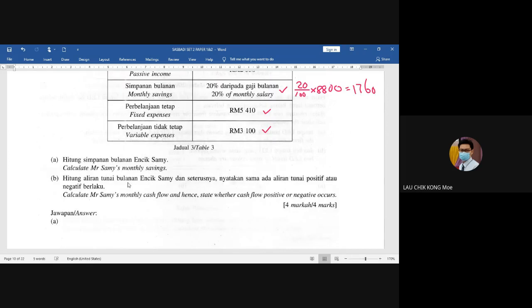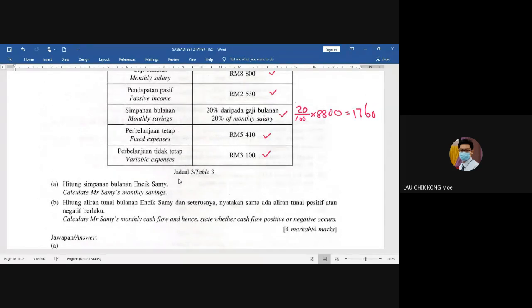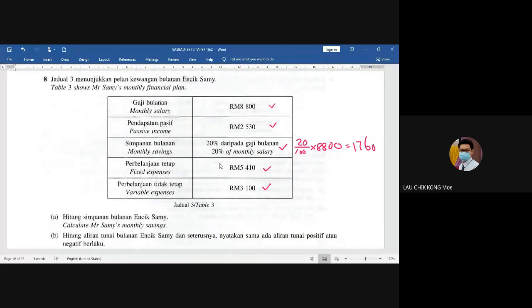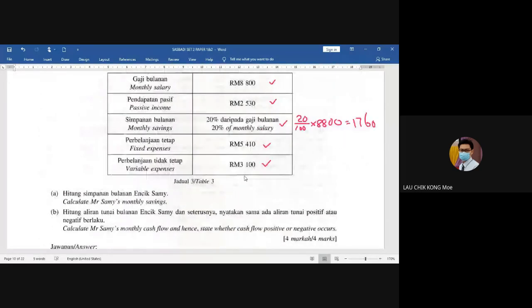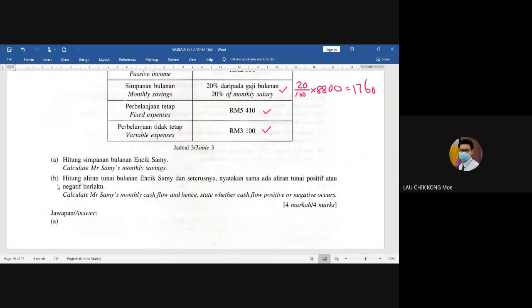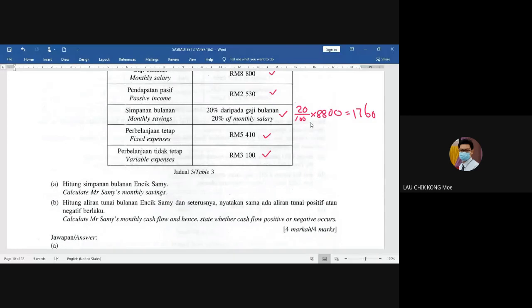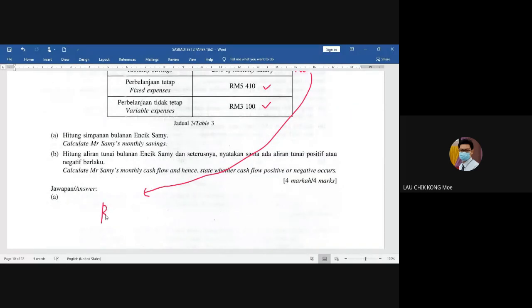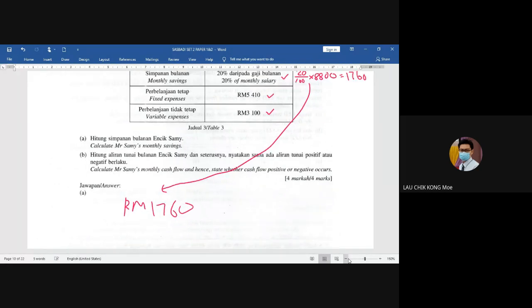Okay, now the question asks tentang bahagian A tentang lebih kurang macam inilah tentang financial plan. Okay, calculate Mr. Sami's monthly saving. Saya sudah kira inilah bahagian A jawapan dia. The answer is RM1,760. Okay, mungkin saya kecilkan sikit. Awak boleh nampak.